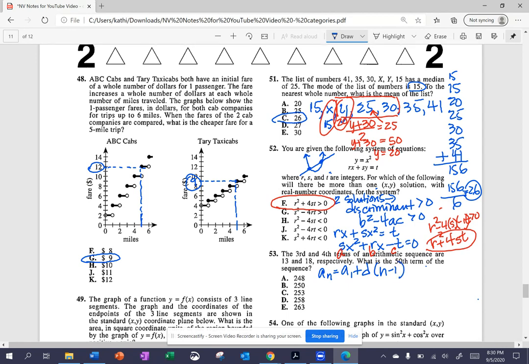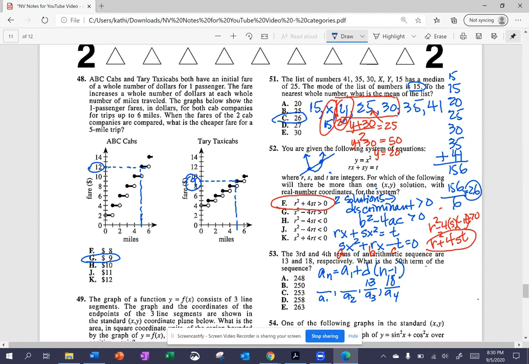So this is telling me my third and my fourth term. So I have 1, 2, 3, and 4. So this is a1, a2, a3, a4. And my third and fourth terms are 13 and 18.